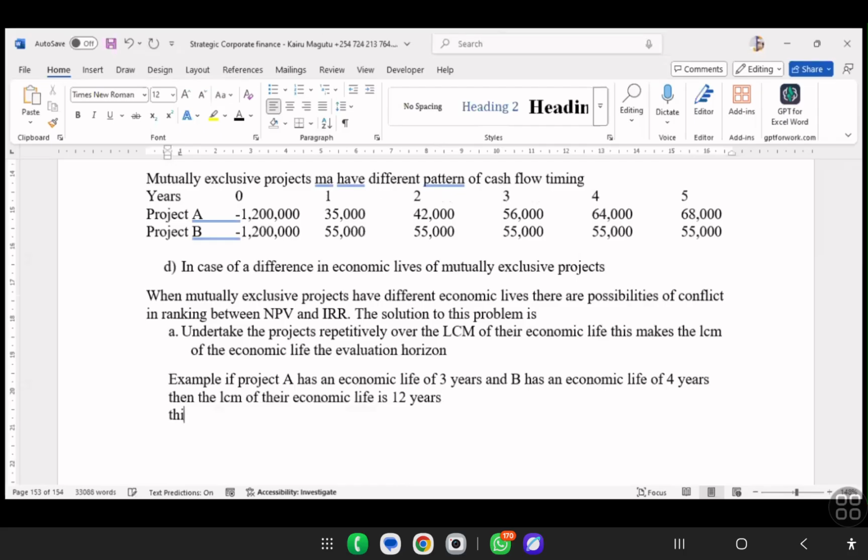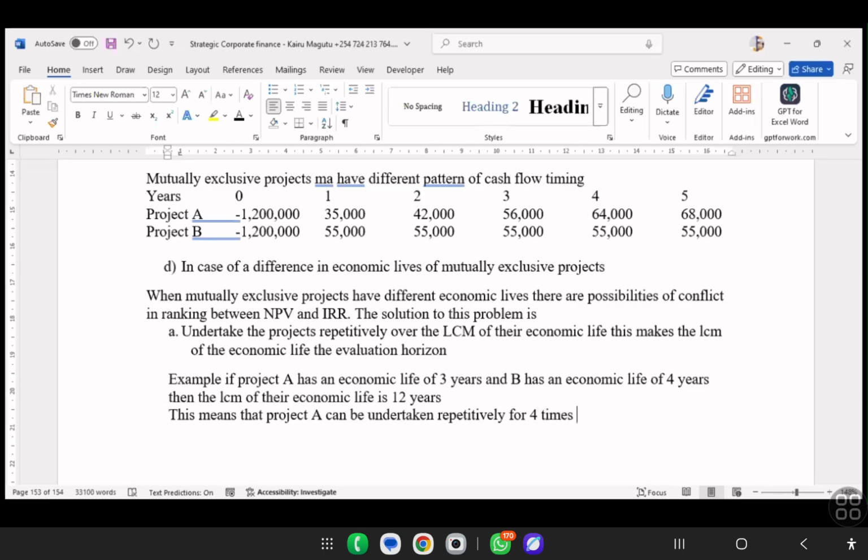So this means that project A can be undertaken repetitively, for 4 times.